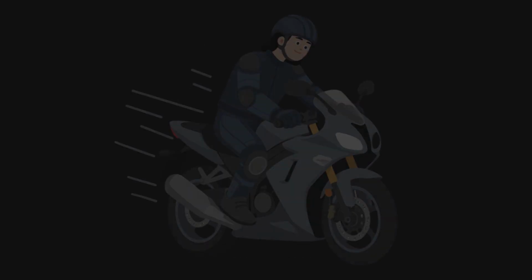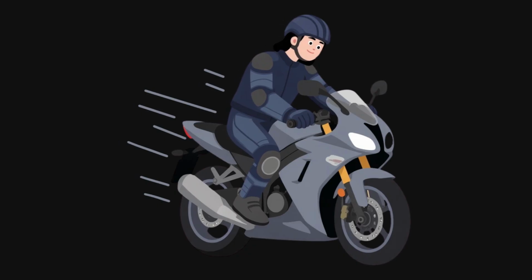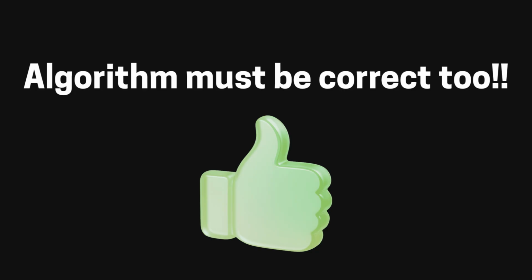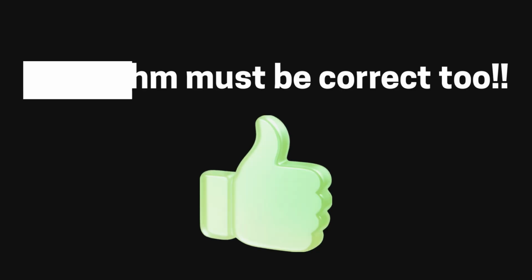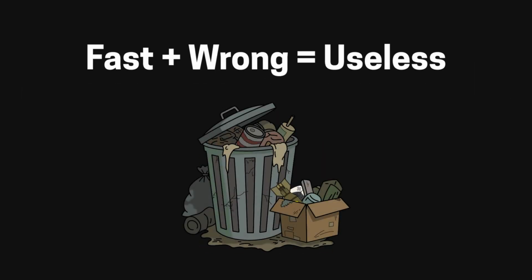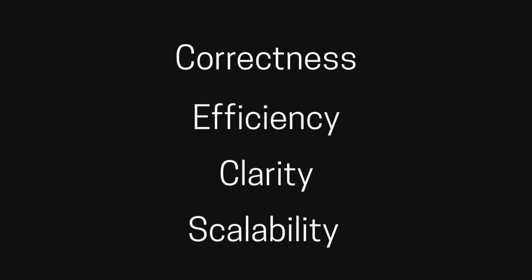But algorithms are not only about speed, they are also about correctness. An algorithm must produce the right result every time for valid input. If it sometimes fails, it is flawed. In computer science, we evaluate algorithms based on correctness, efficiency, clarity, and scalability. A well-designed algorithm balances all of these.